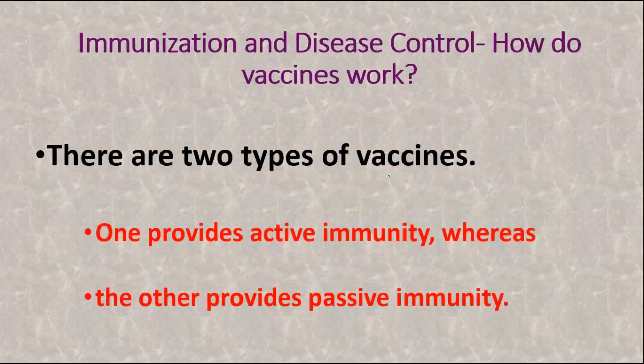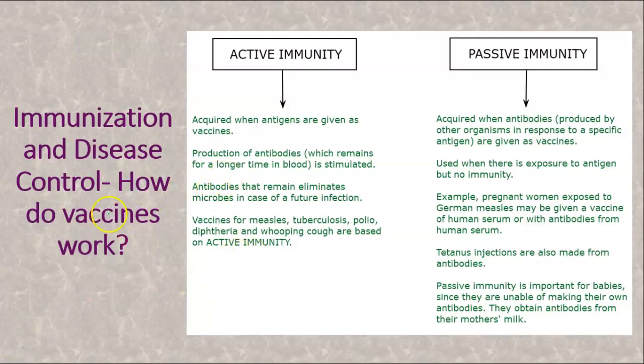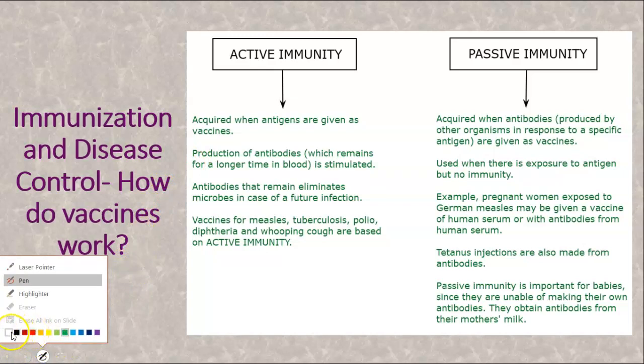Great? So keep that in mind. So we have already established that immunization, or vaccines, work by providing active or passive immunity, and these are two types of artificial immunity.